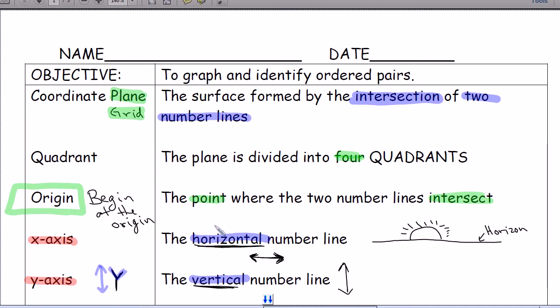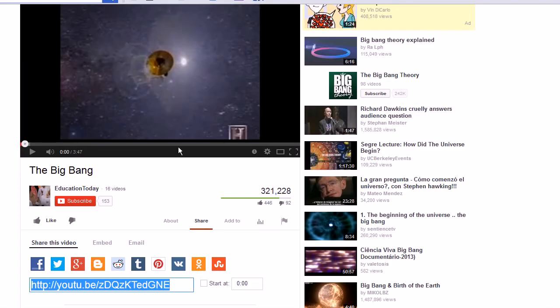Now, if you want to know about the origin, another way of saying the origin is kind of where everything begins. Well, if you think about it, if we're talking about the universe, we're talking about the Big Bang. In science, there's a theory that everything started whenever one big star just exploded and all the universe was created. So if you care to know about the Big Bang, go watch this video right here that I pulled up.